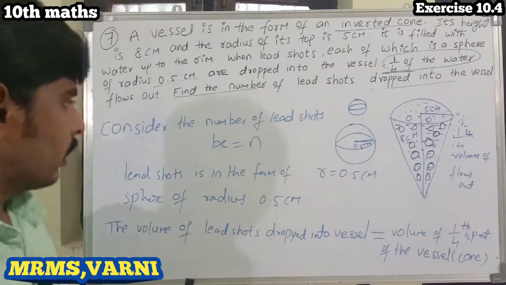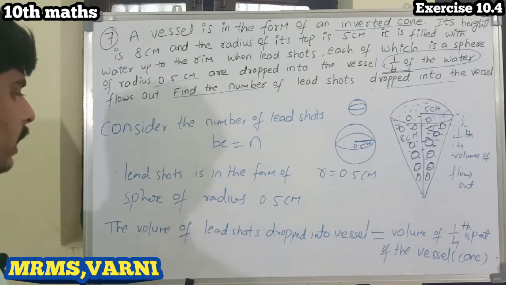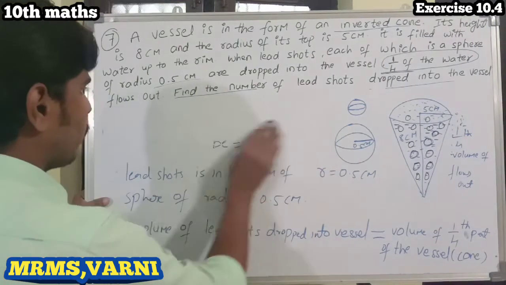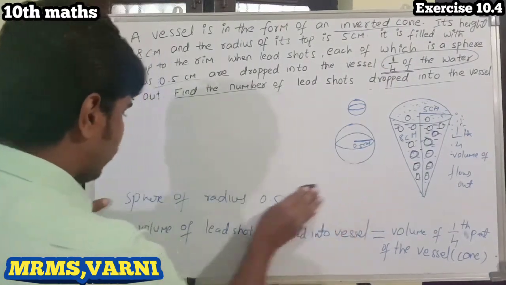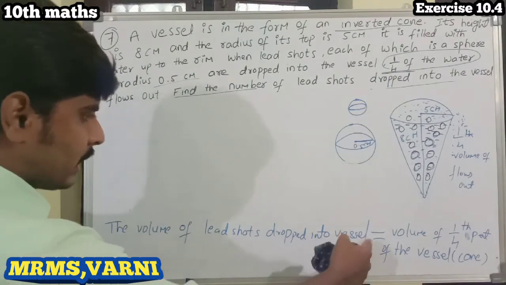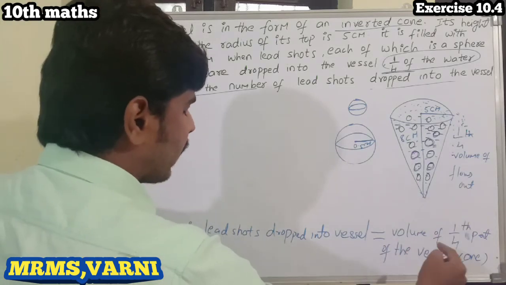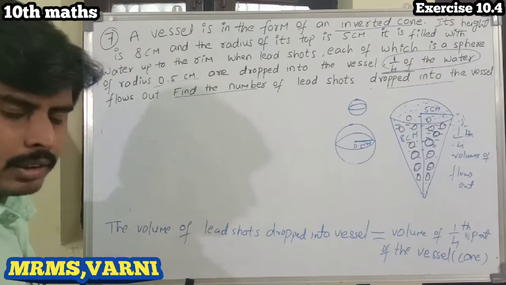Is it clear now? Right. So I'm going to erase. Remember this statement which I have written here: the volume of the lead shots dropped into the vessel is equal to the volume of the 1/4 part of the conical vessel. What we have to find here?